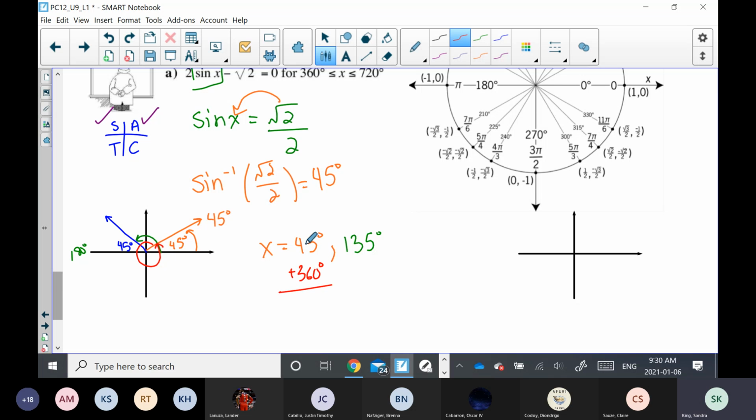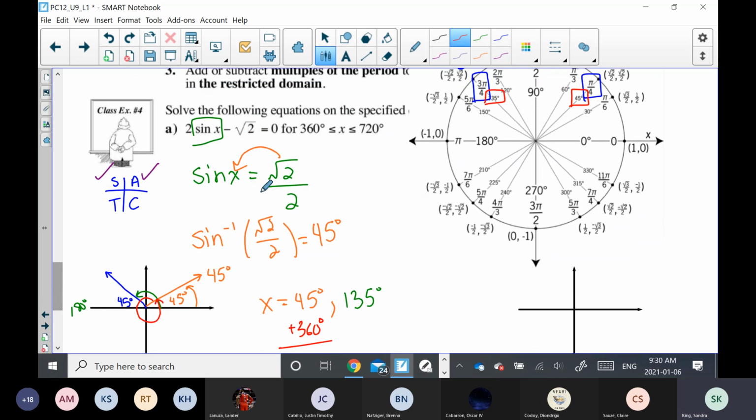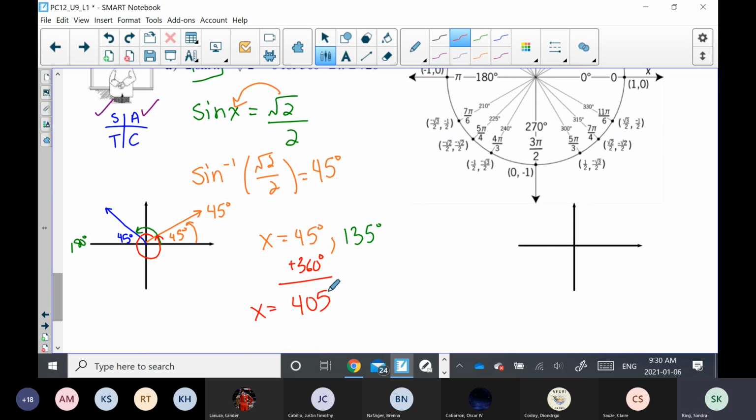If you take 45 degrees and you add 360, you're going to get 405 degrees. Is 405 degrees within this domain? Is 405 less than 720, greater than 360? Yes. So 405 degrees is an answer.